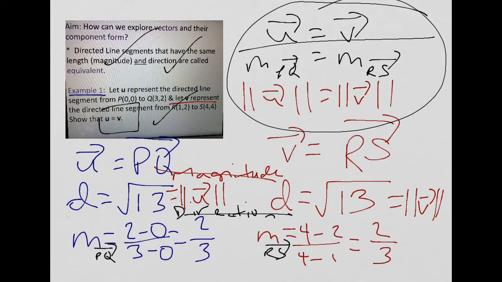So we're going to move on to a couple more examples that talk about component form. So these 2 slides bring us to component form of a vector. First talks about standard position. So the standard position of vector v is a vector whose initial point is the origin. Very important. We like working from the origin.